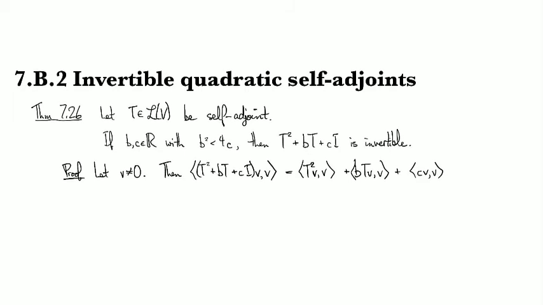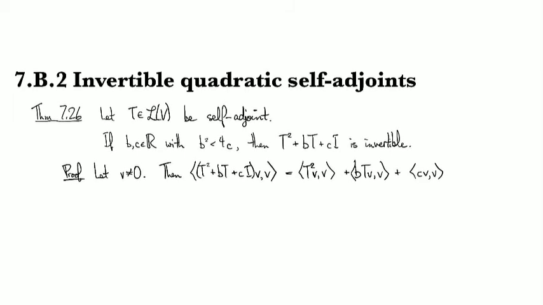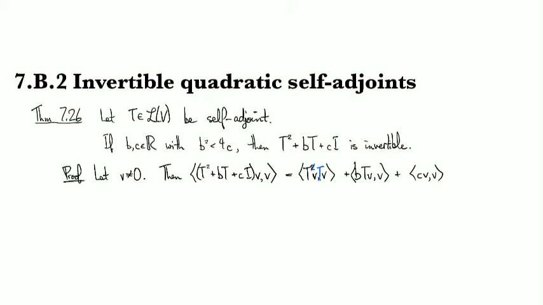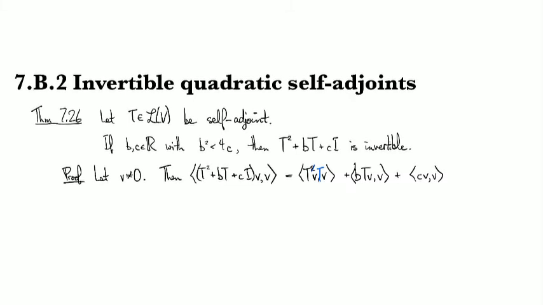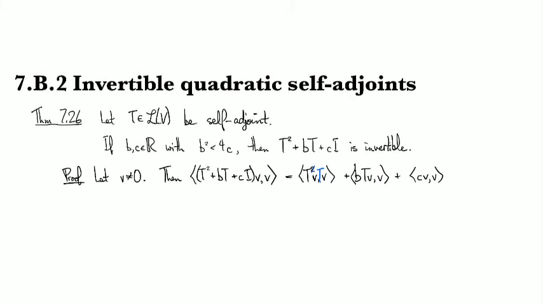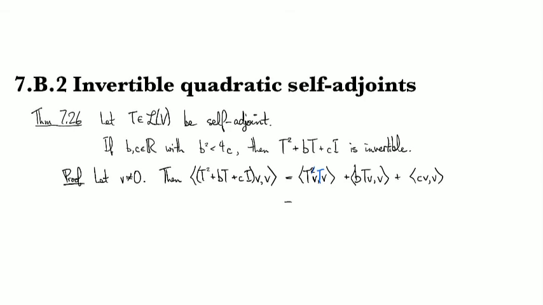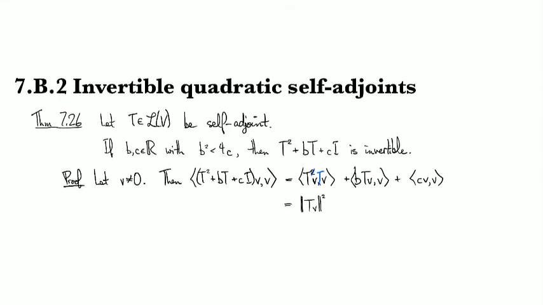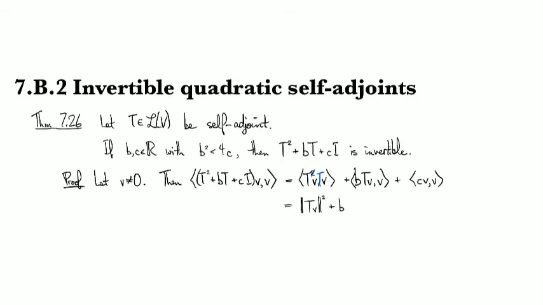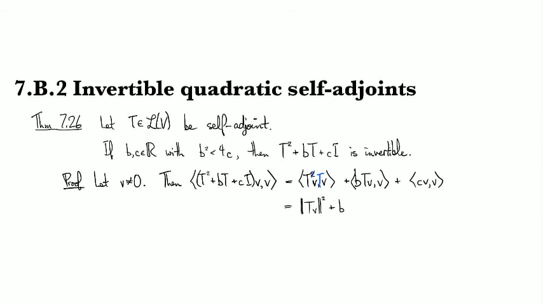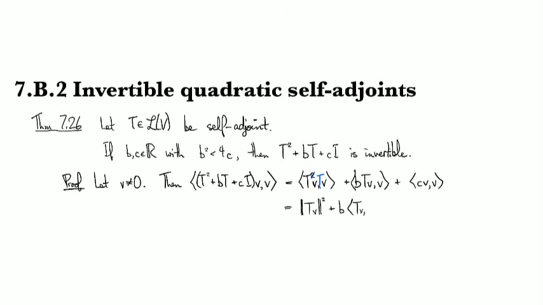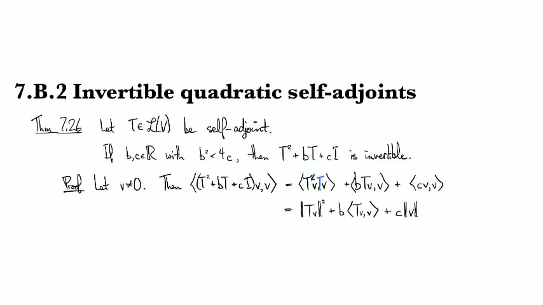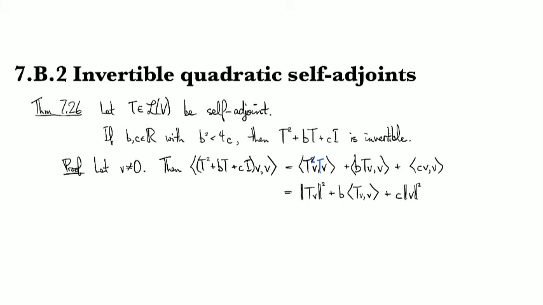And since we've got a self-adjoint operator here, I can move it over to the other side of the inner product, and then we can rewrite this as norm of Tv squared plus b times the inner product of Tv and v, plus c times norm v squared.